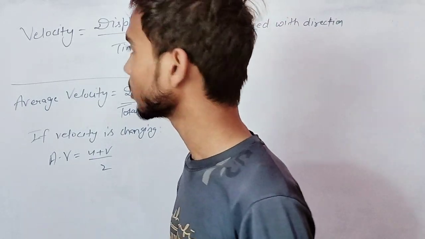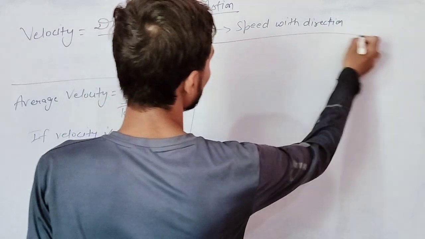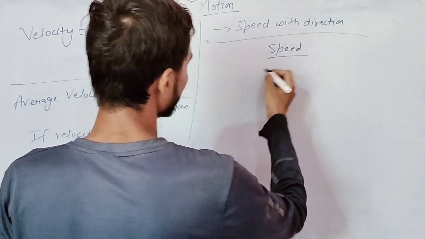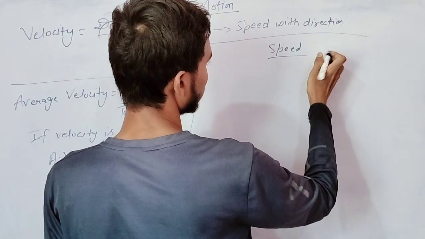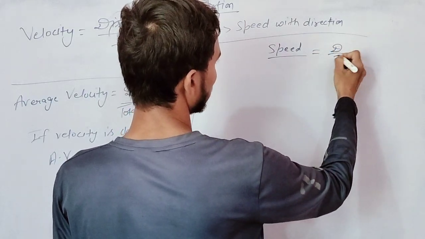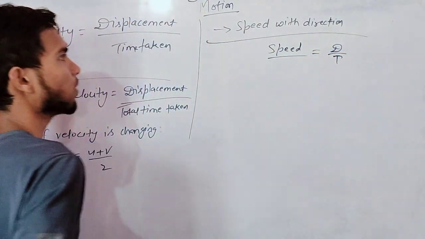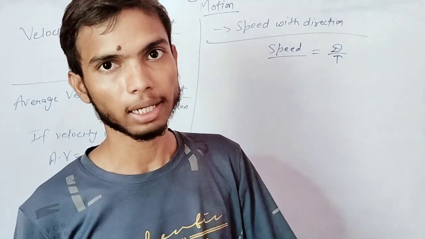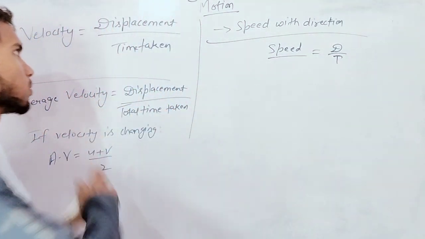What is the difference between velocity and speed, the distance upon time? Here we were taking distance. We were not taking any kind of direction for the speed.